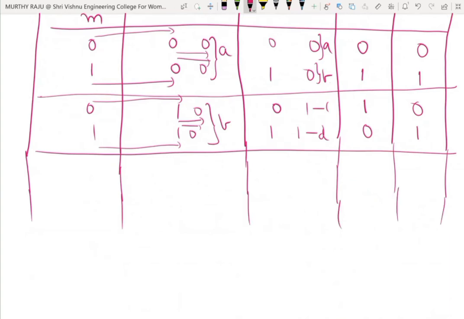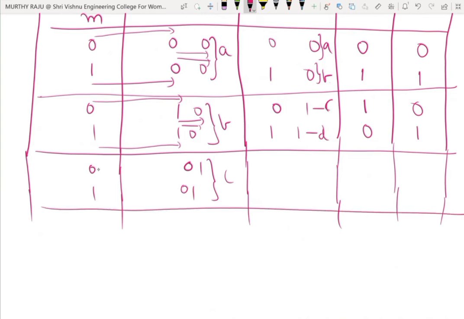Consider another one. 0, 1, 0, 1. The possible values of M are either 0 or 1. 0 exclusive OR with 0 exclusive OR with 1 is 1. 0 exclusive OR with 1 is 1. After performing shifting operations, 0, 0.